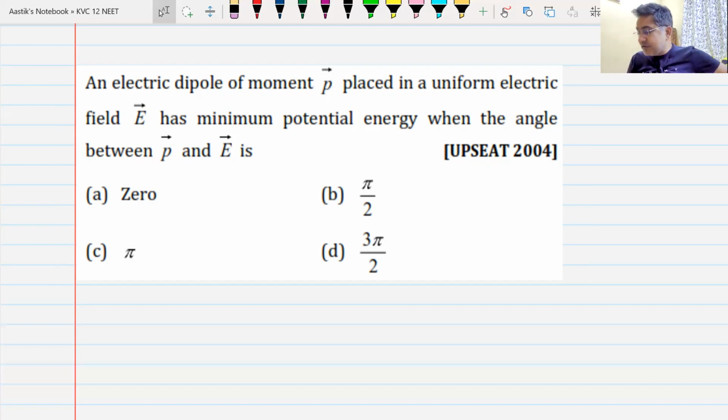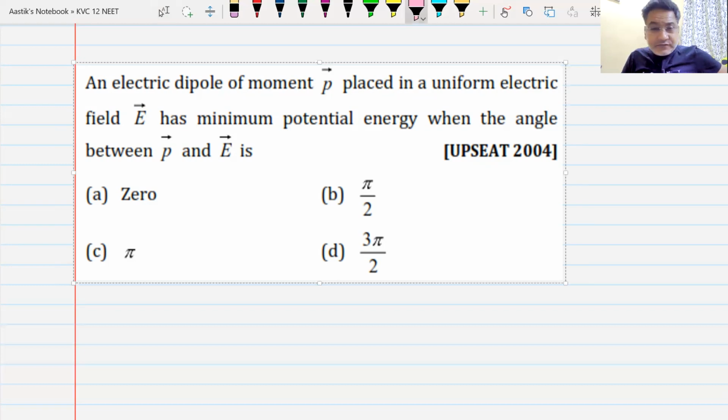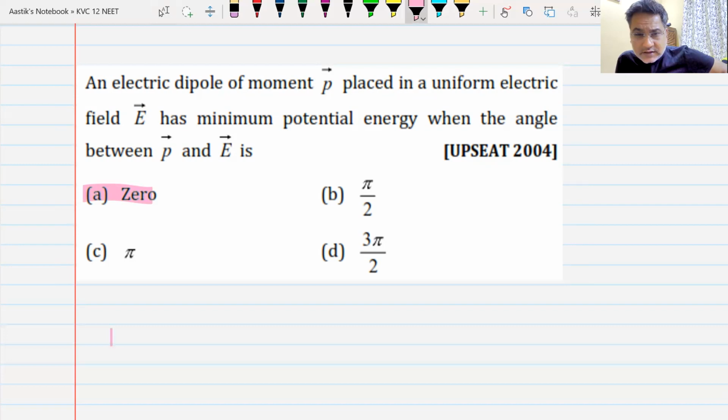No answers, anyone. The potential energy is minimum at stable equilibrium. The angle between P and E is 0. That is the time when the potential energy is minimum, my dear friends. I hope you will remember it. Next question.